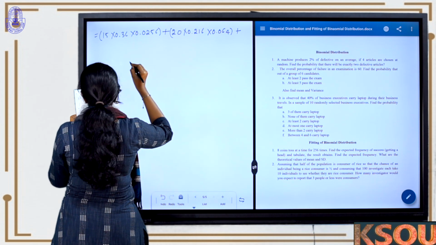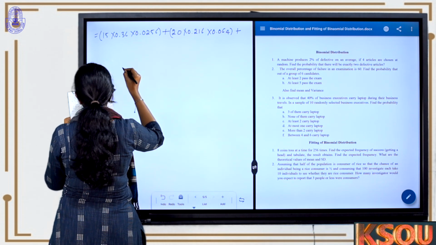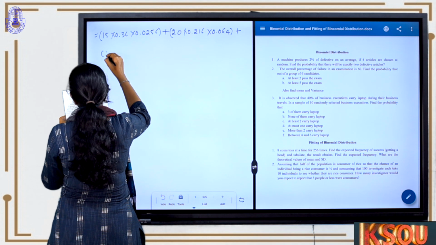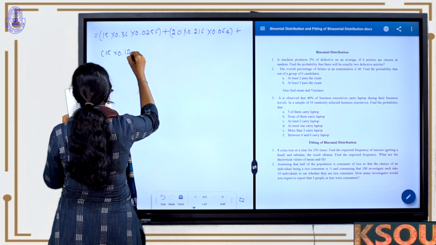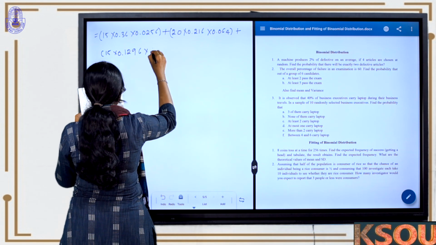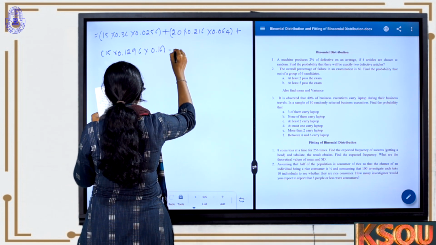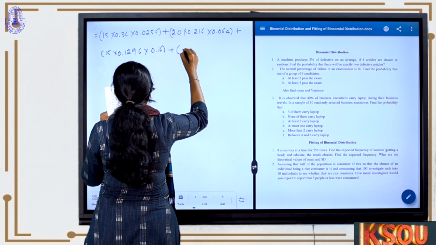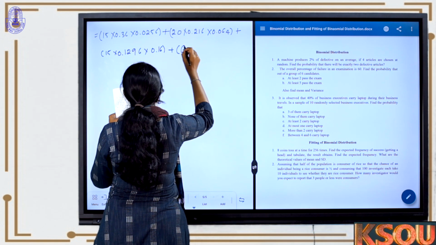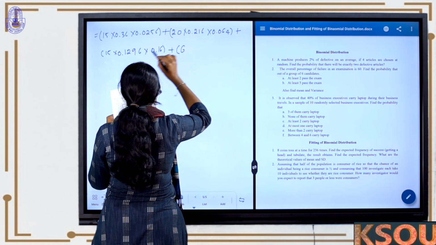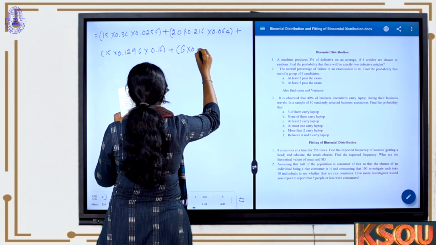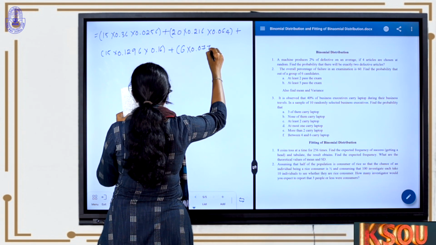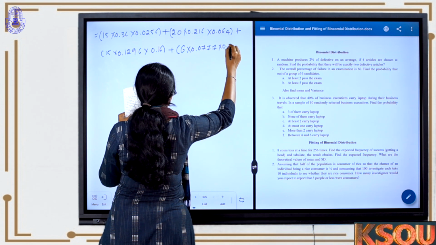Then P of 4 is 15 into 0.1296 into 0.16 plus next value is P of 5. 6 into 0.0777 into 0.4.